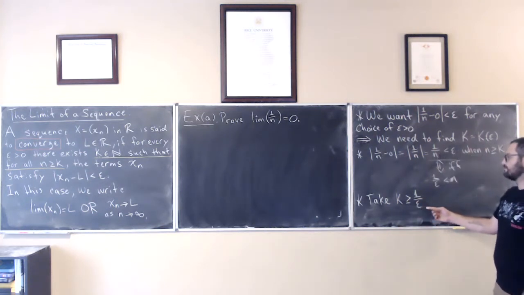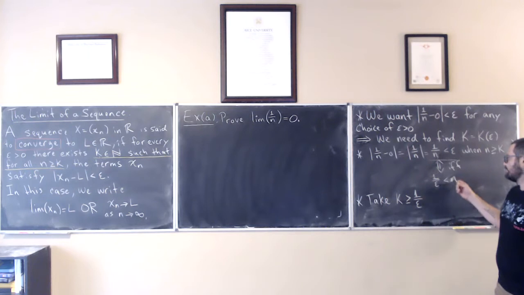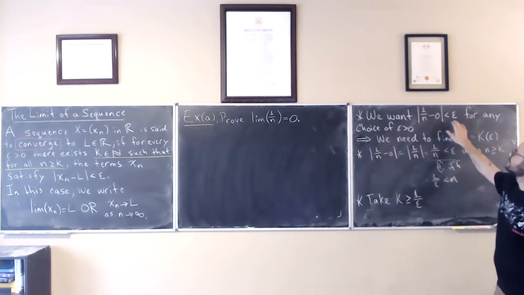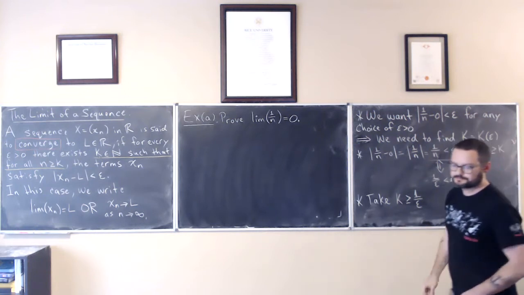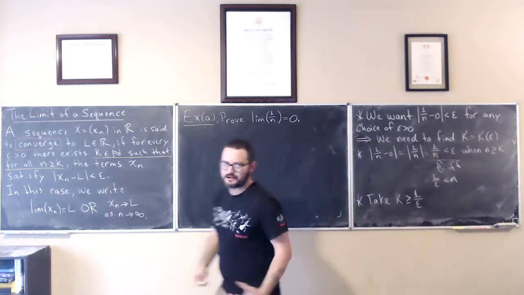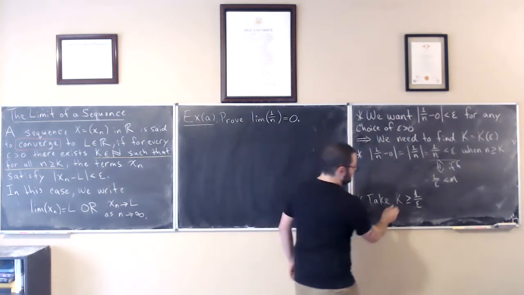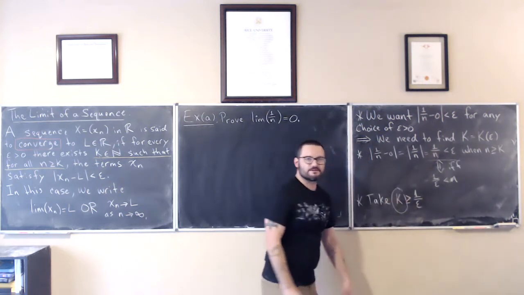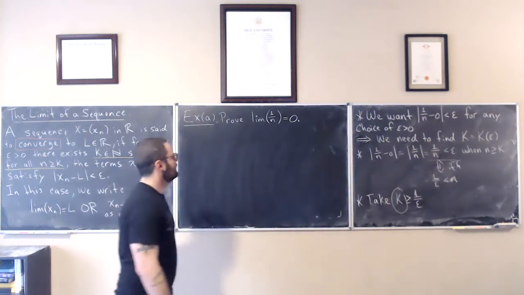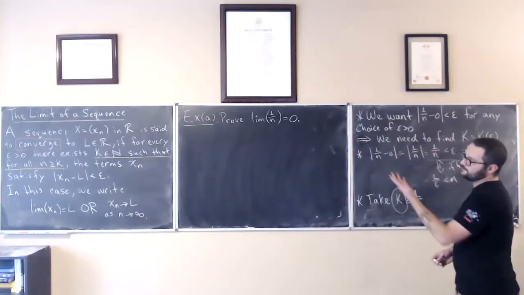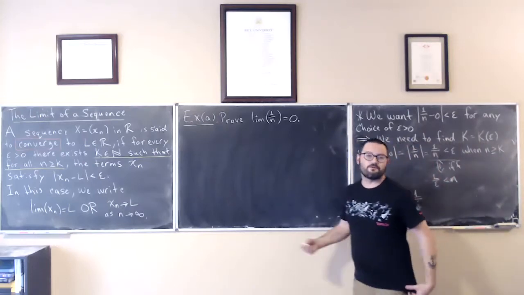So if k is greater than or equal to 1 over epsilon, and n is greater than or equal to k, then this will hold, which means that 1 over n will be less than epsilon, which is what we want at the top. So it's kind of working backwards. We need to mess around with it a little bit to find out what the appropriate choice of our index is. So now that we've found it, we can actually write down the formal proof.